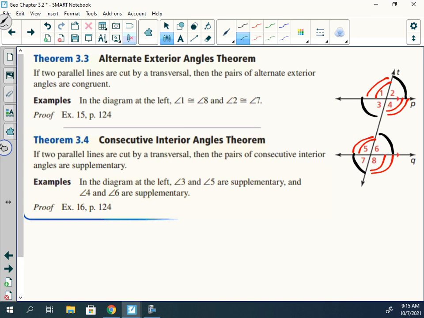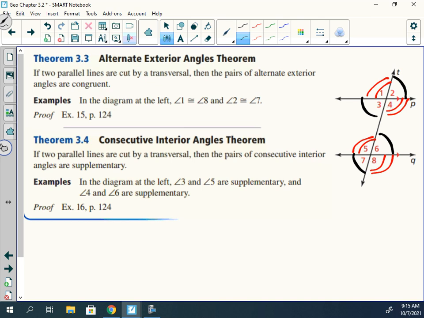Wait a minute, 7 and 6 are vertical angles, aren't they? So they would be congruent. 8 and 5 are vertical angles, so they're congruent, but wait a minute. With these 8 angles, how many different angles do I actually have? 2, right? There's only 2 real numbers that would plug in anywhere.